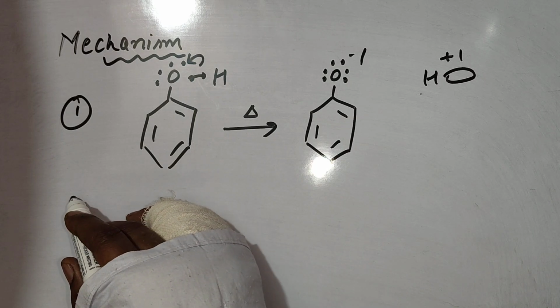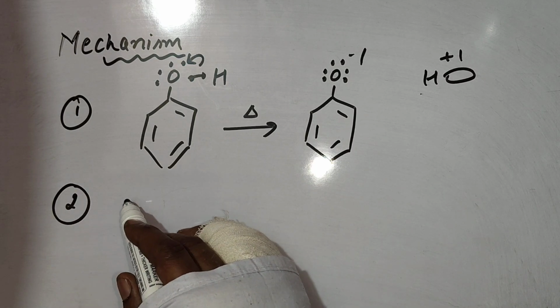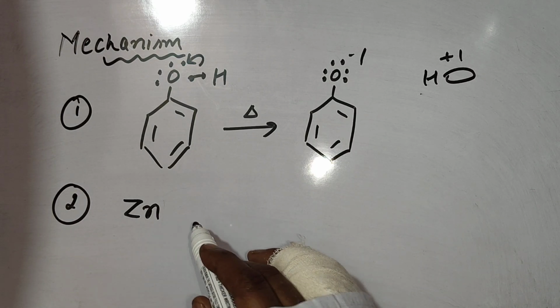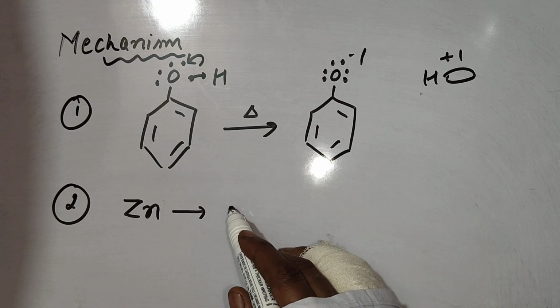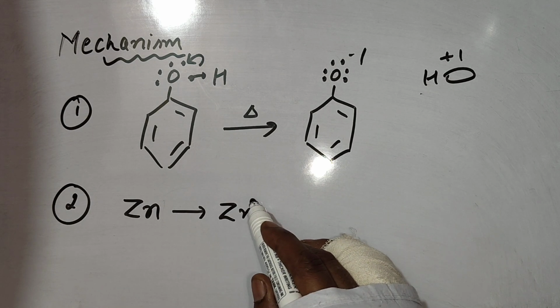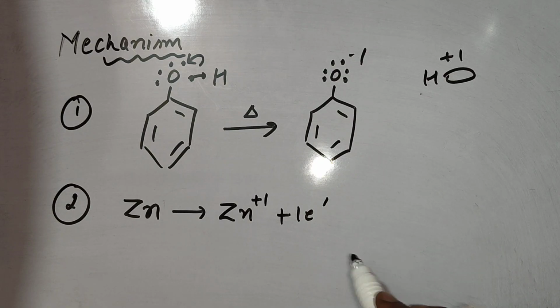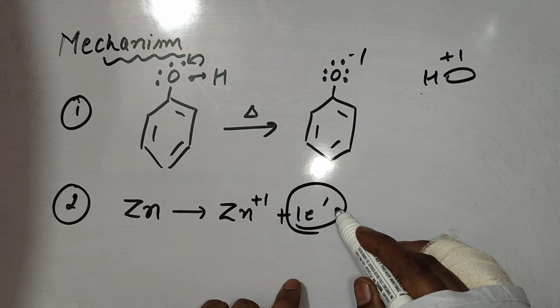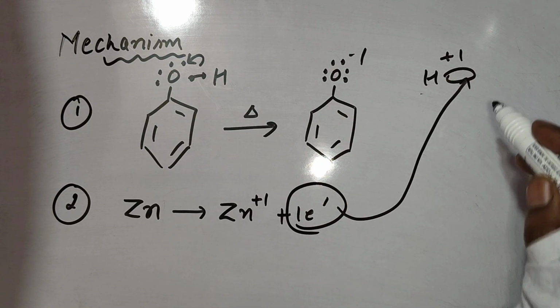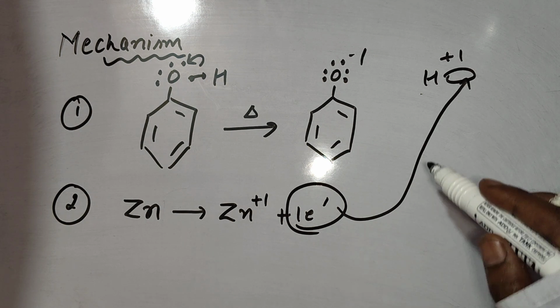Now this H positive will get an electron from zinc. Zinc will firstly lose 1 electron. That 1 electron will go to this H positive electrophile.